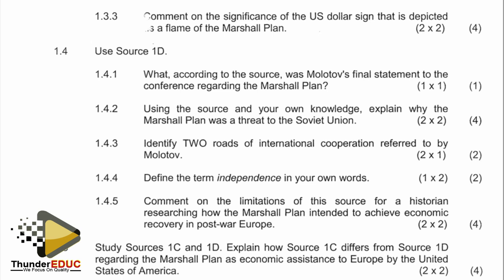The first and most definite reason is that the Soviet Union feared losing its spheres of influence. Remember, the Soviet Union wanted to spread communism, so it felt it was going to lose its spheres of influence with the introduction of the Marshall Plan.